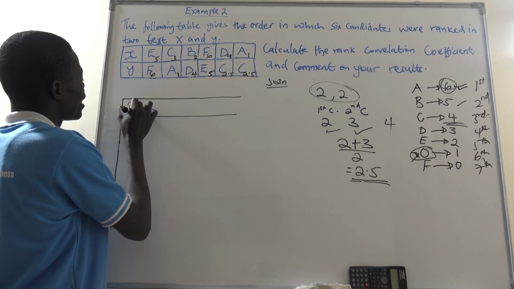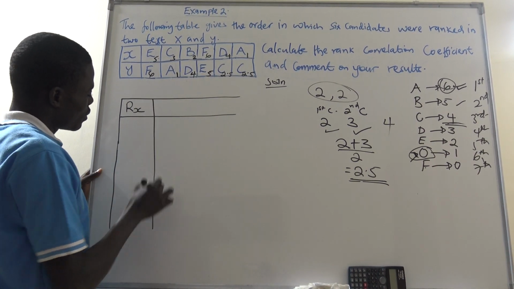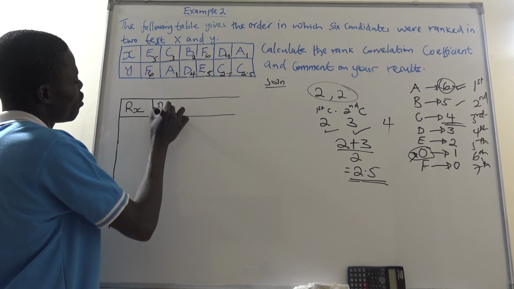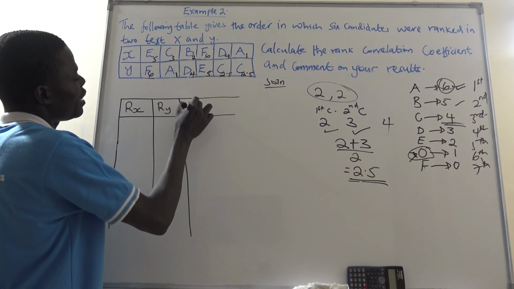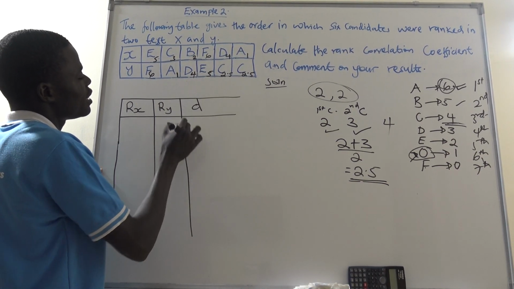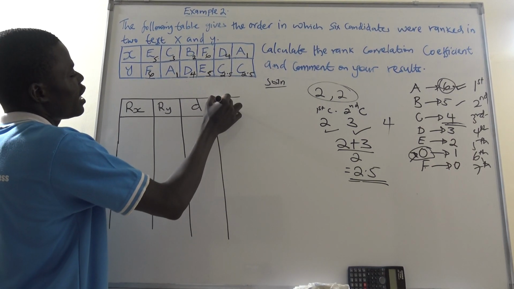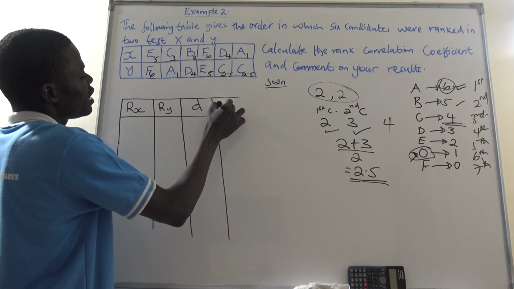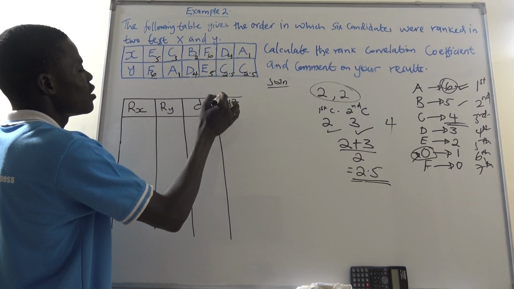This one will be the ranking of X, and this one the ranking of Y. Then we get the difference D between the rankings, and after that we get the difference squared, that is D squared.